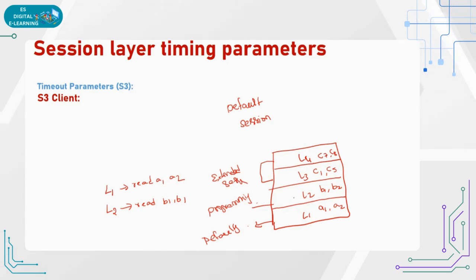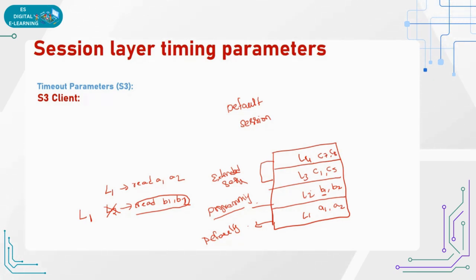If I'm not entering into L2 but entering from L1, you cannot get the response of the B1 and B2 values, because you specifically need to go to the programming session, which is L2. When you enter the programming session, you are in L2 and you can read B1 and B2.